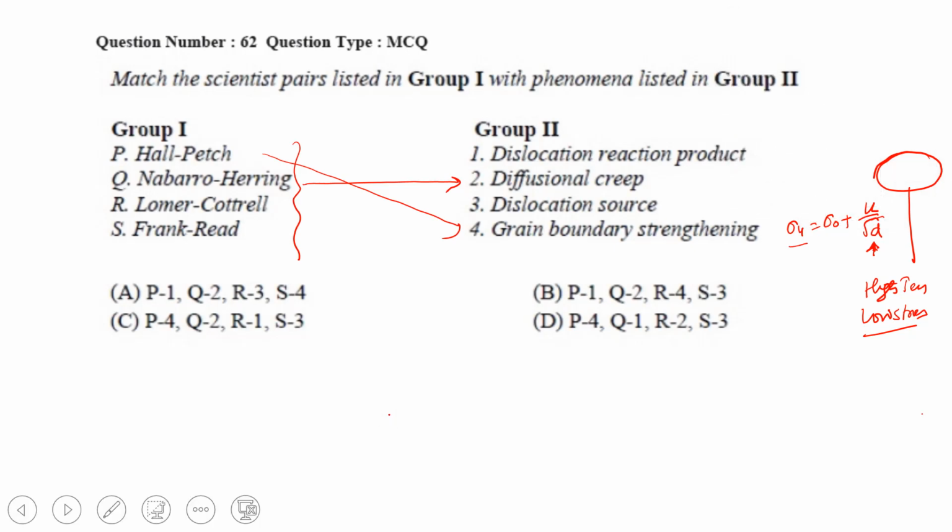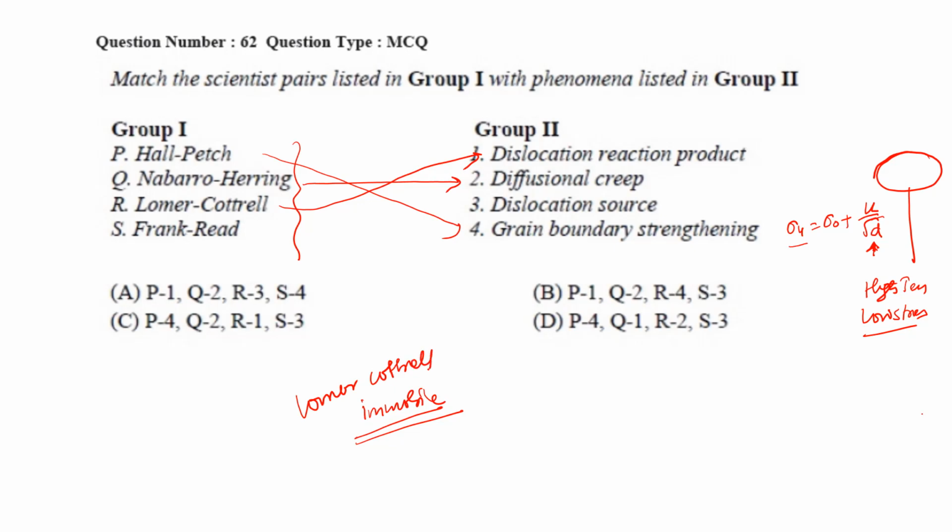Next is Lomer-Cottrell. So Lomer-Cottrell is associated with dislocation reaction product. It gives some kind of dislocation reaction, it produces a dislocation which is immobile. So that is Lomer-Cottrell.